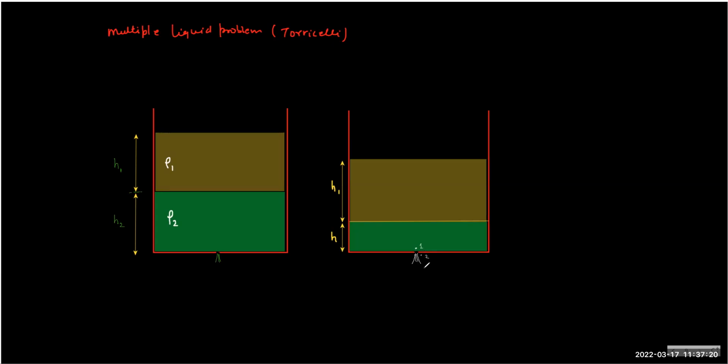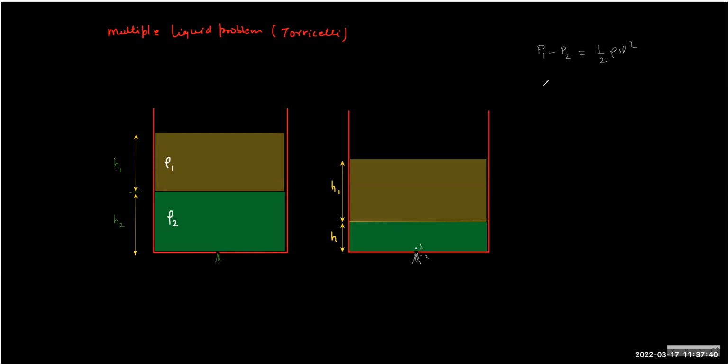So if you write the Bernoulli equation between one and two, we have to write only the pressure difference because the third term is anyway not there. So the pressure at one minus the pressure at two equals half rho v squared. I'm just writing quickly, not the entire thing.